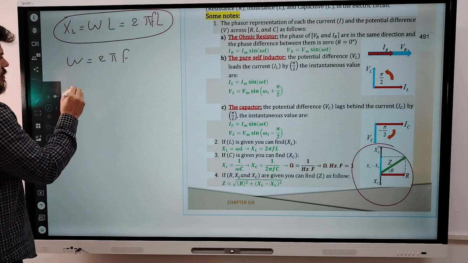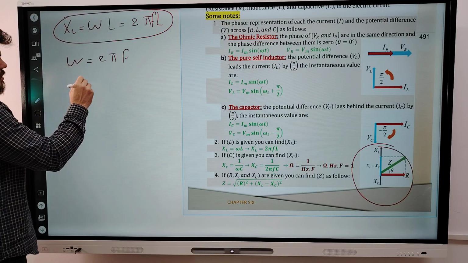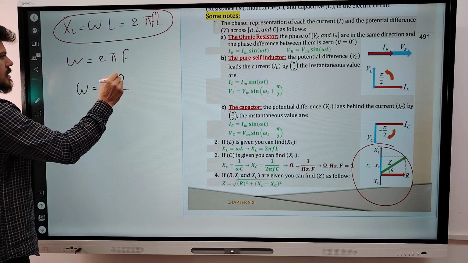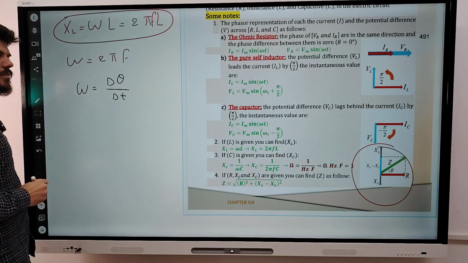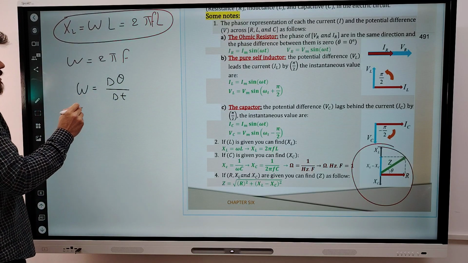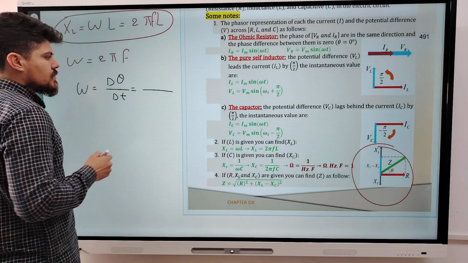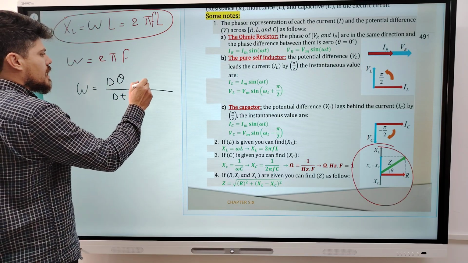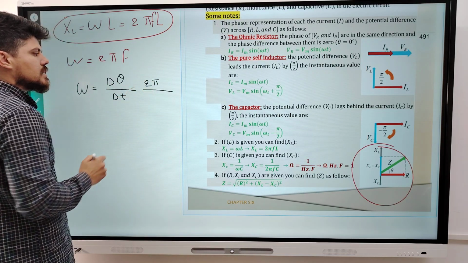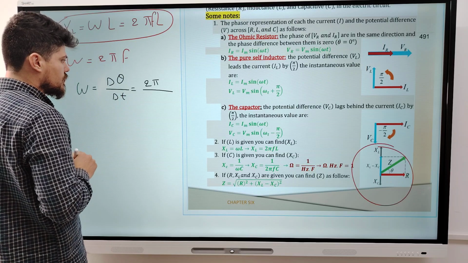As you learned in chapter 1, the angular speed is equal to theta over time. For one complete cycle, one complete revolution, how many radians do we have? 2 pi radians for one complete revolution.